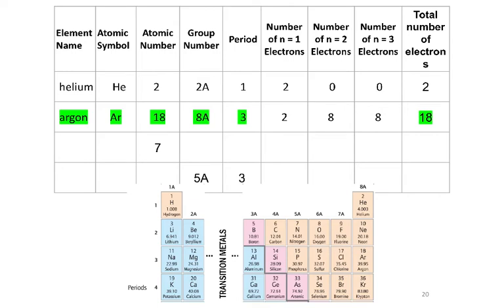Okay, welcome back. Atomic number 7. It seems like the best approach here is to probably just go find element number 7, right? So if we do that, we see that it's right here, and it's nitrogen.